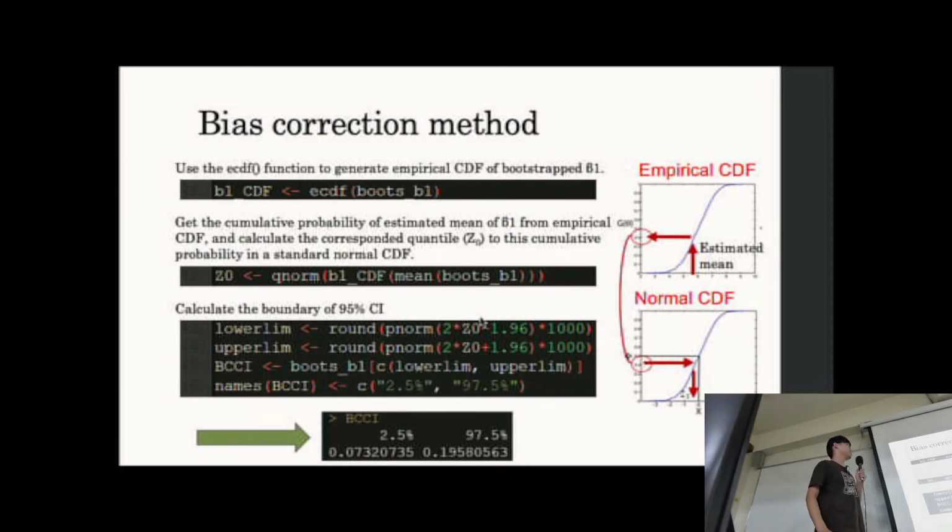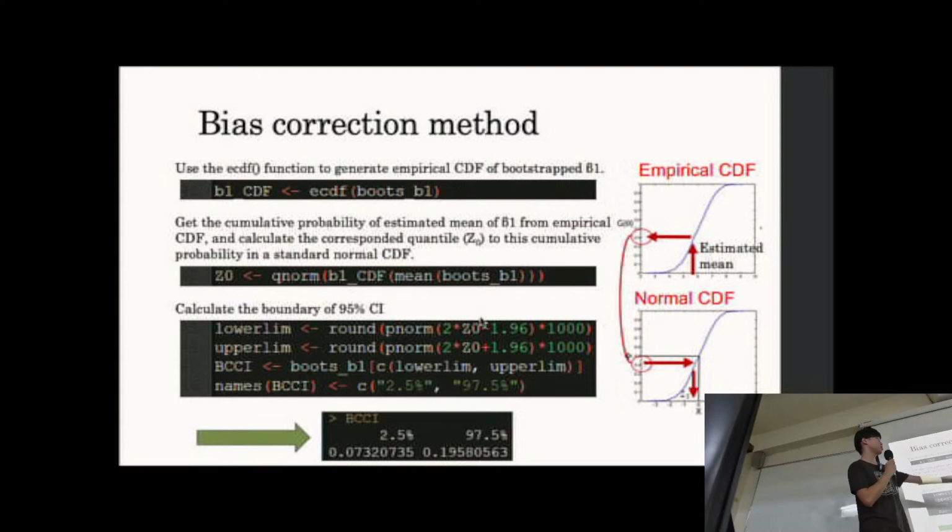Second, the BC method. I use the ECDF function to generate an empirical CDF of bootstrap beta 1. And then I think I made the same mistake as Jason.